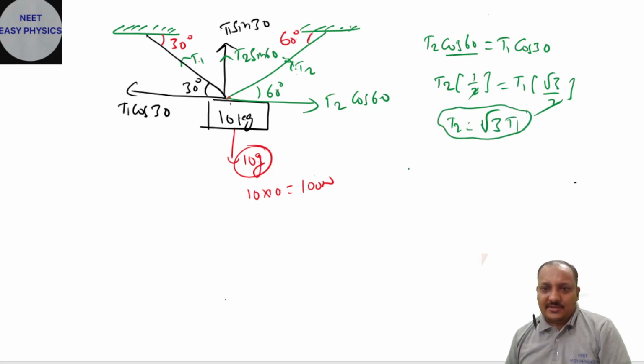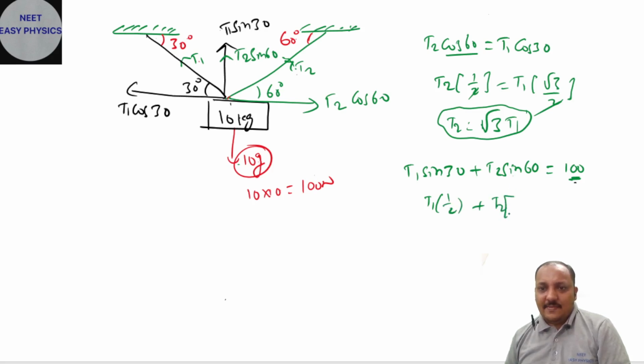Like that, upward forces: T1 sin 30 plus T2 sin 60 equals mg, that is 100 newtons. What is the sin 30 value? 1 by 2. Sin 60 value is root 3 by 2. So T1 plus root 3 T2 is equal to 100 times 2, as 2 is the LCM. Sending it to the right side, 200.